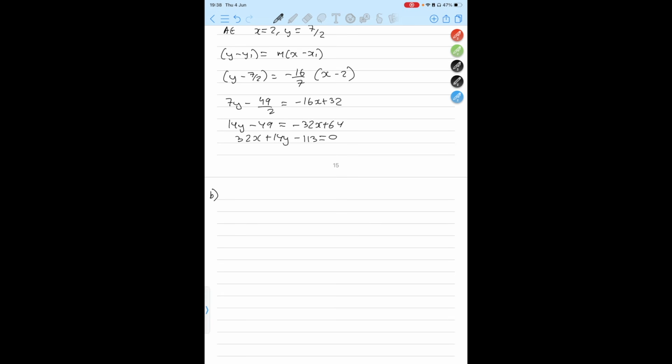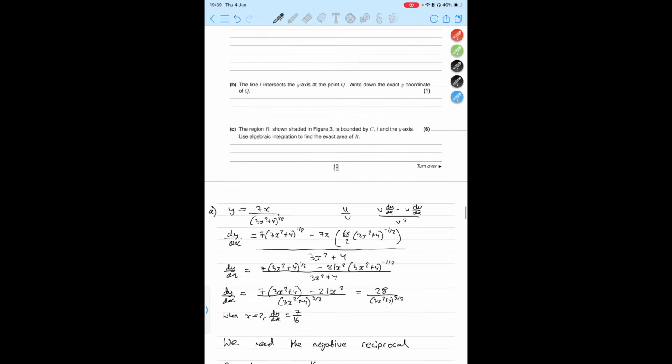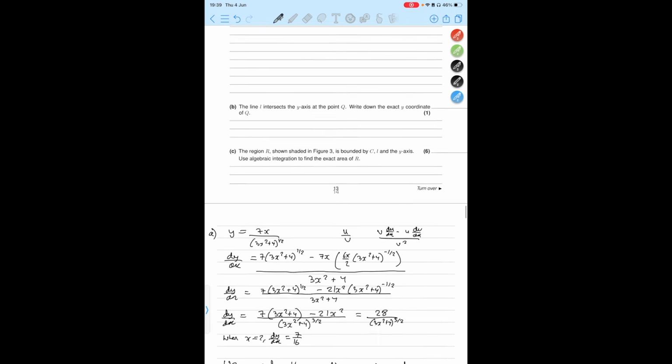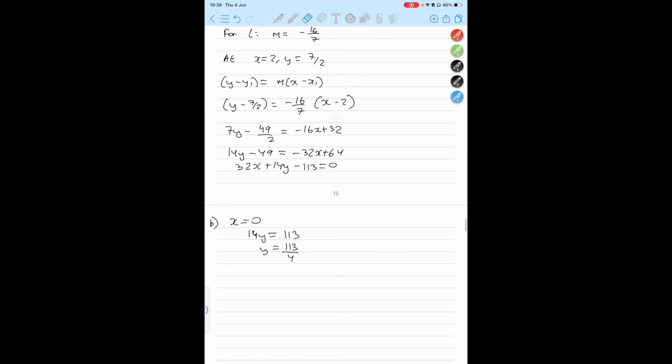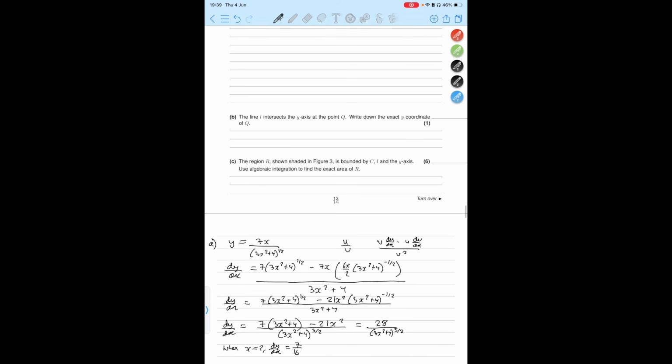So x is equal to 0, 14y equals 113, y equals 113 over 14. It's the y-intercept, so just setting x equal to 0. And now let's find out part C. So now we have to do some integration using the figure that they gave us. Okay, so let's work on that.